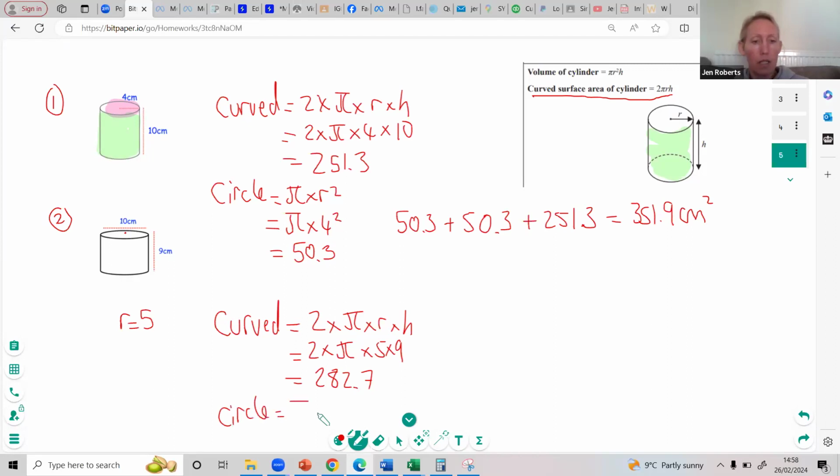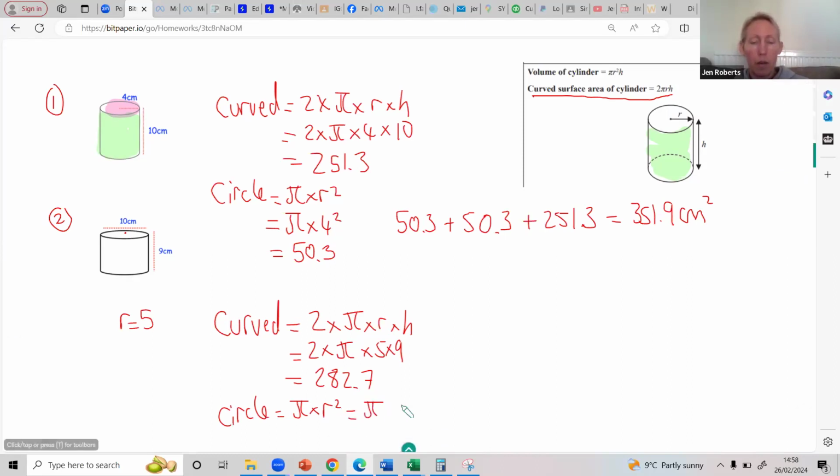So what about the circle? Pi times radius squared. What is my radius? 5. Pi times 5 squared is 78.5. So I've got my circle at the top. I need to include my circle at the bottom, which is exactly the same, and my curved bit.